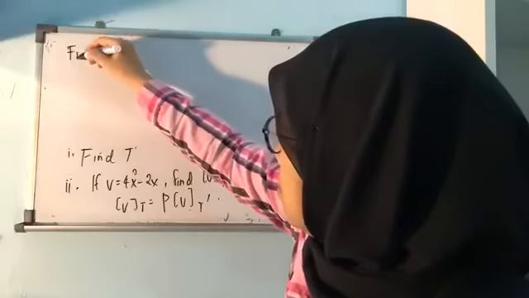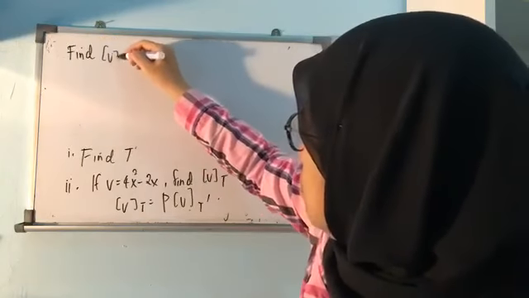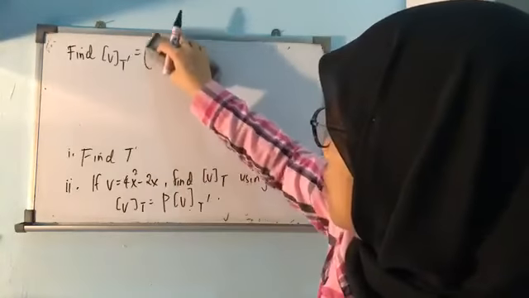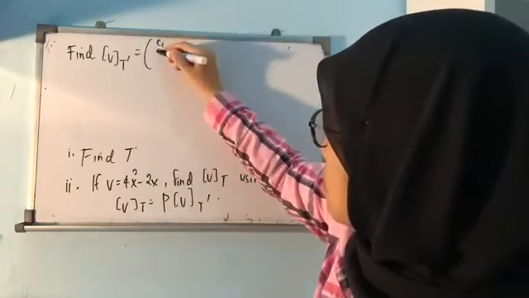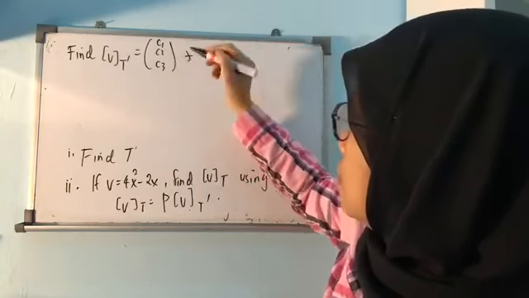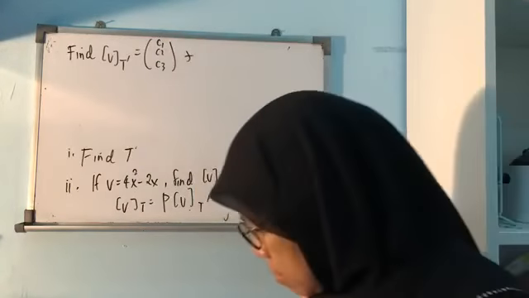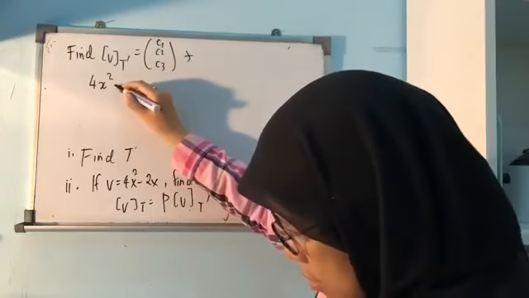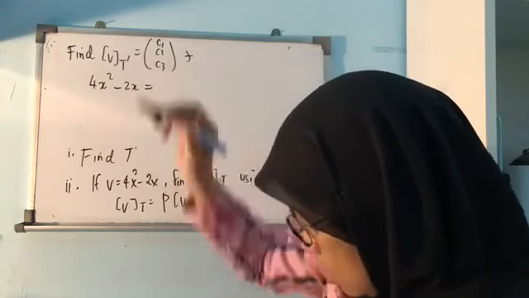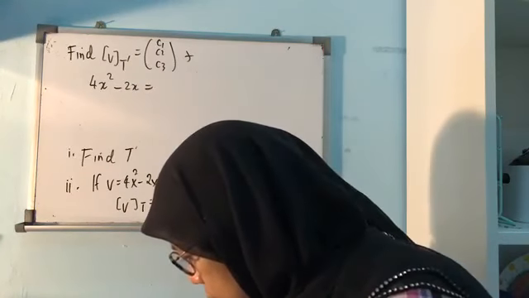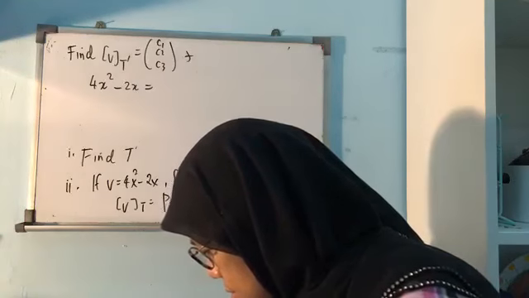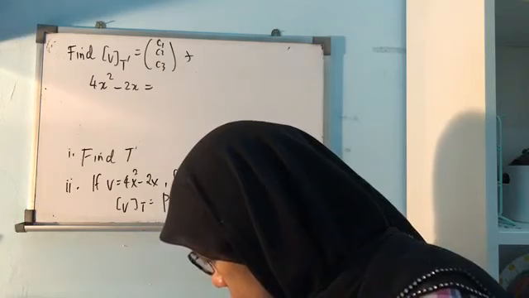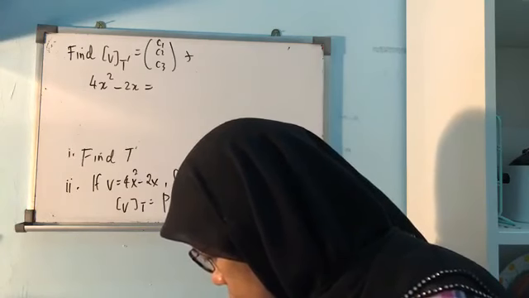Find V T prime. For x squared minus 2x equal, okay, this depends on your first part.